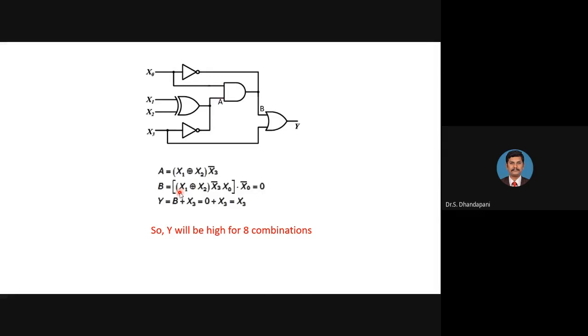So A is X1 XOR X2 into X3 bar, and up to this it is A into X0. This is the output of the AND gate at this point. So the overall output of this AND gate is given in the square brackets.